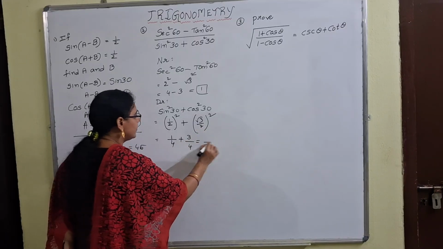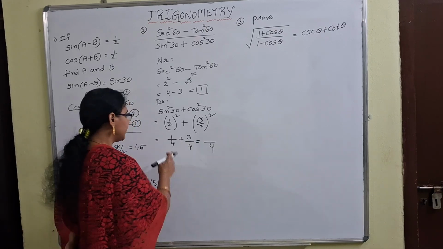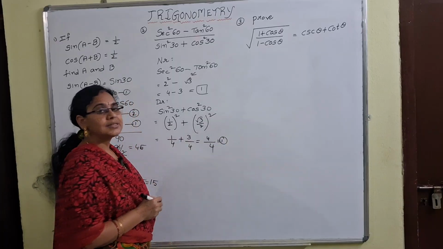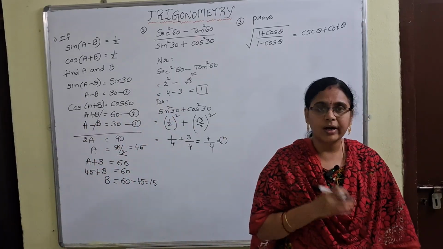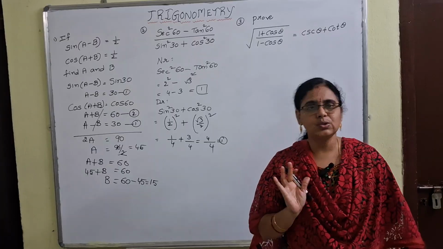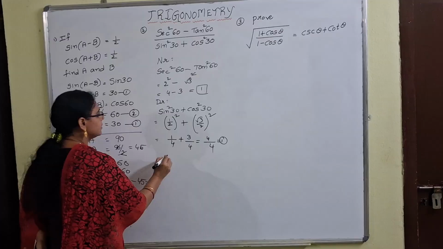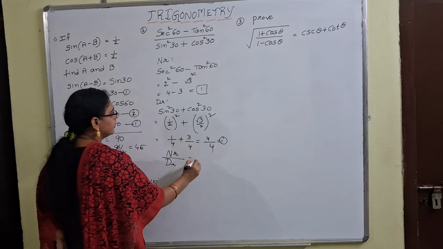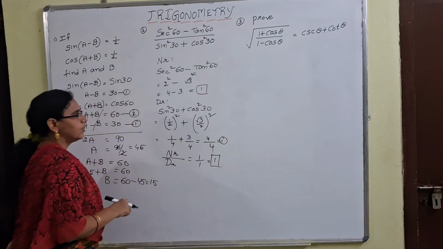Here both the denominators are the same, so directly we can simplify the numerators. 1 plus 3 is 4. So the denominator answer also you got is 1. Numerator you got 1, denominator also you got 1. Now come to the complete answer. Numerator by denominator, 1 by 1, that is equal to 1.